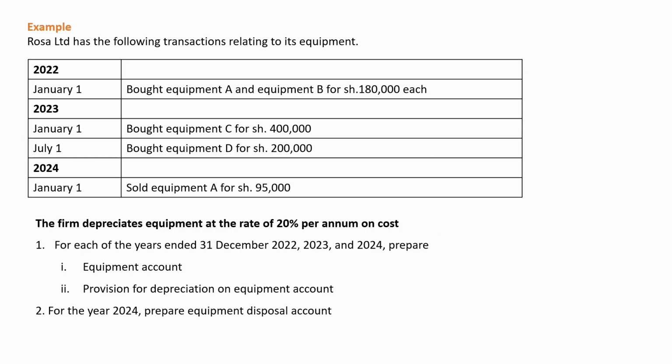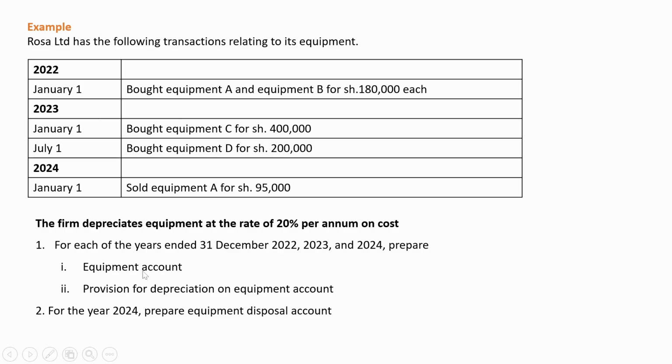And now we have an example. We are going to use this example to demonstrate how to prepare each of those accounts. There are only three important accounts that we need to prepare.